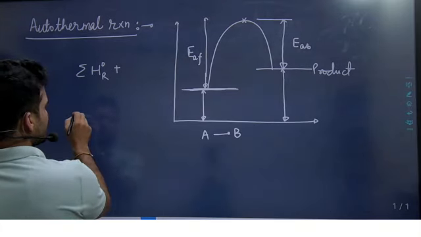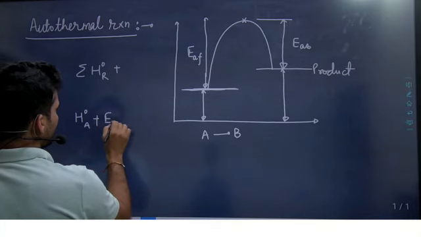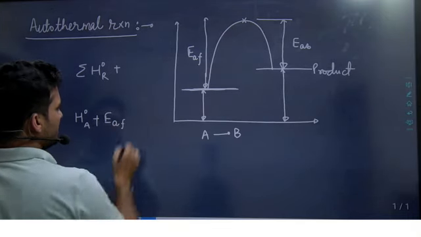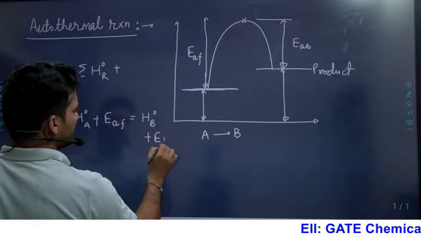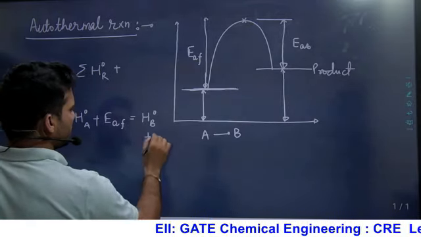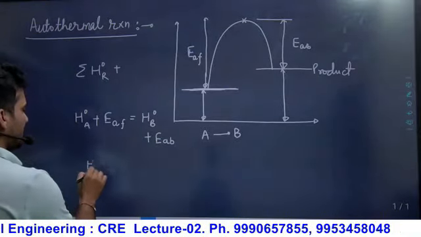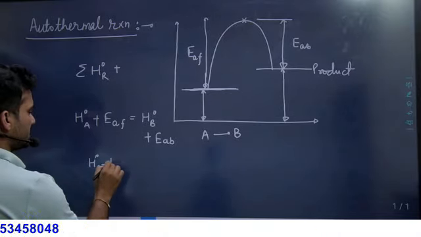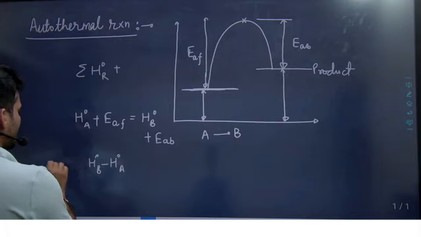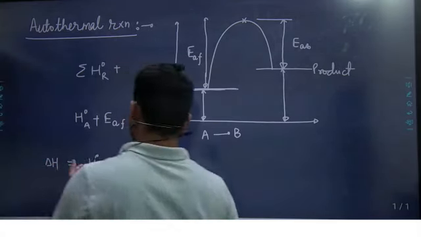So I can write H0 for reactant A plus the activation energy for the forward reaction equals HB0 plus the activation energy for the backward reaction. Simple. What we are finding is H0 B minus H0 A, which is nothing but the difference in enthalpy of product and reactant.